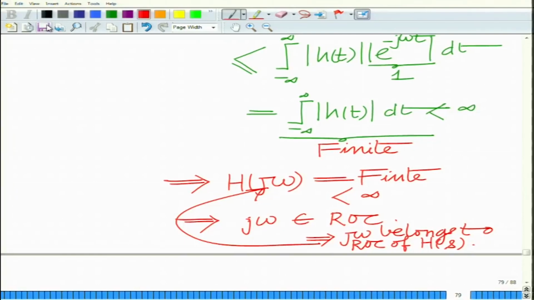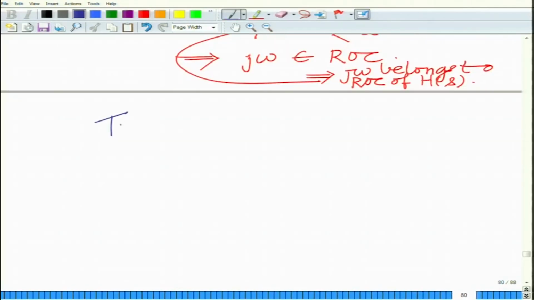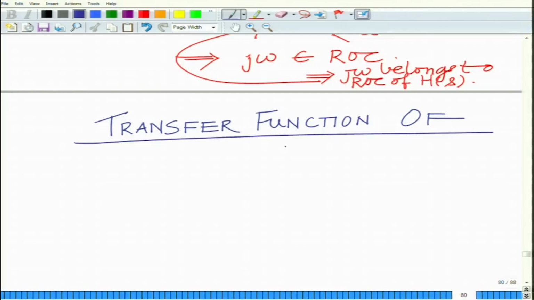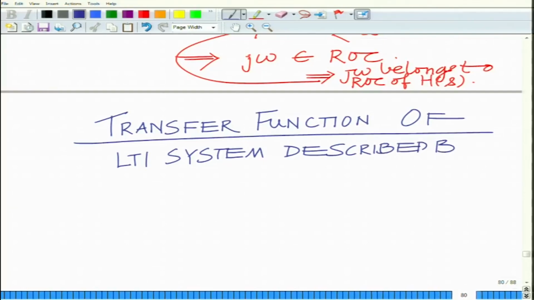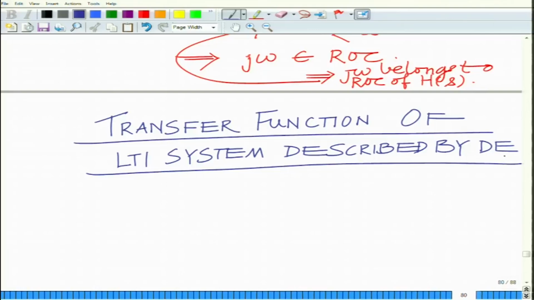Okay. And finally, the Laplace transform, that is, the transfer function of the LTI system described by a differential equation.